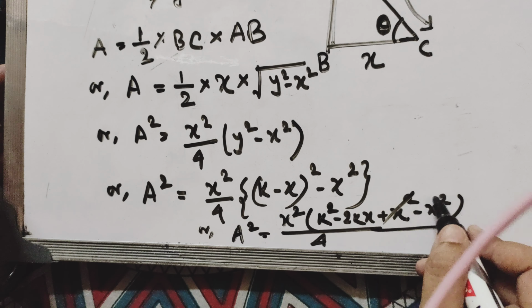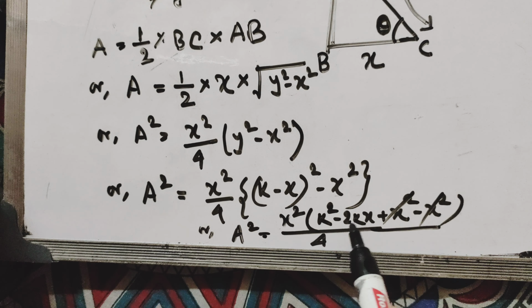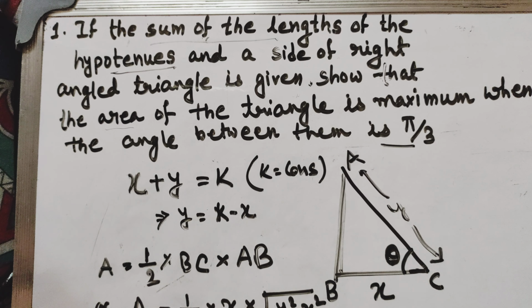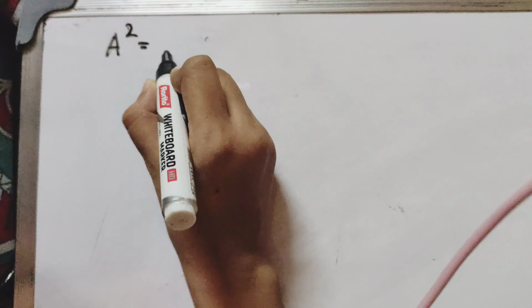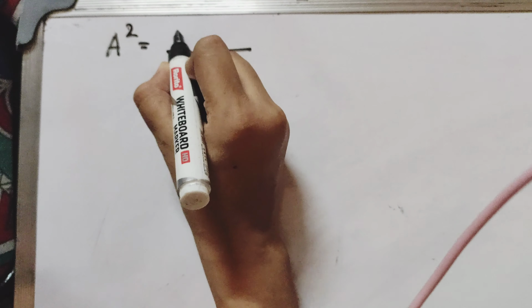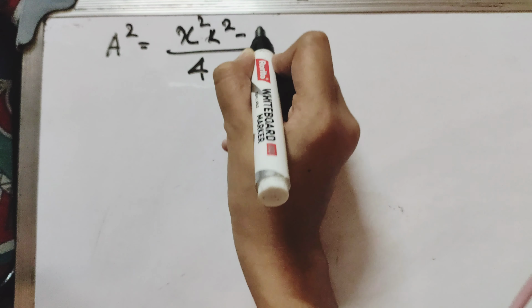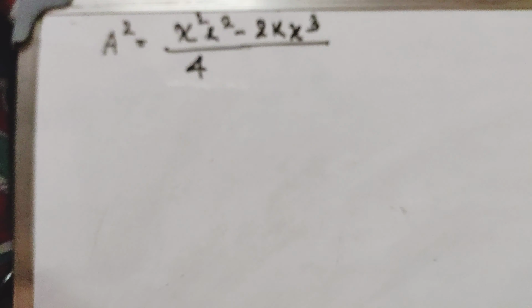The plus x square and minus x square get cancelled. Now it's x square into k square minus 2kx cube, and finally we get our function, that is x square k square minus 2kx cube, divided by 4. So this is our function.